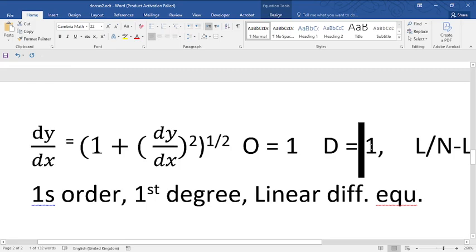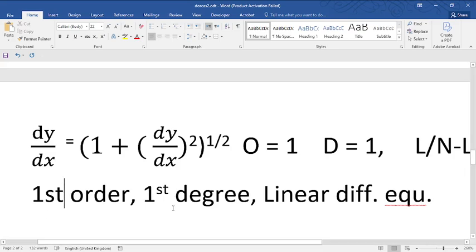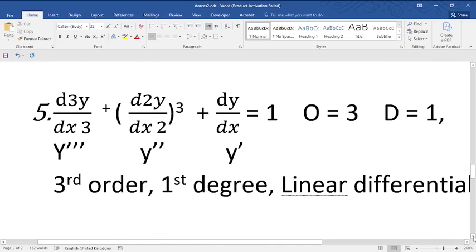Our degree equals 1. Since our degree equals 1, definitely it is going to be a linear differential equation. So we now name the equation first order, first degree linear differential equation.